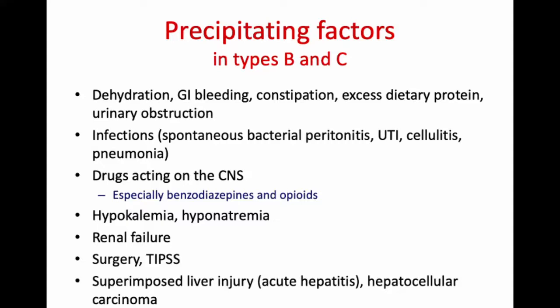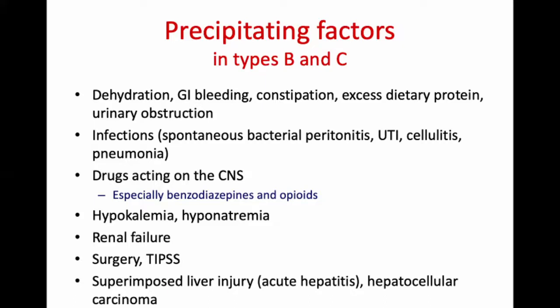These are the common ones. Then drugs acting on the central nervous system, especially benzodiazepines and opioids, which you must avoid in these patients. Hypokalemia and hyponatremia, which can happen with, for example, diarrheal diseases. So you can have hepatic encephalopathy with both constipation and diarrhea.